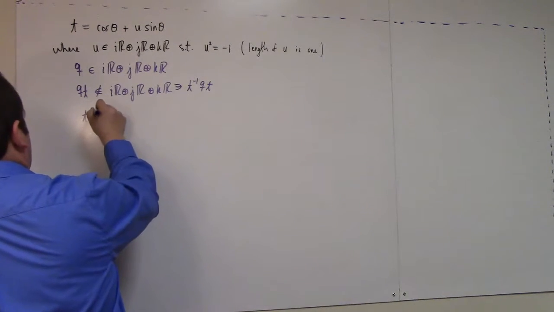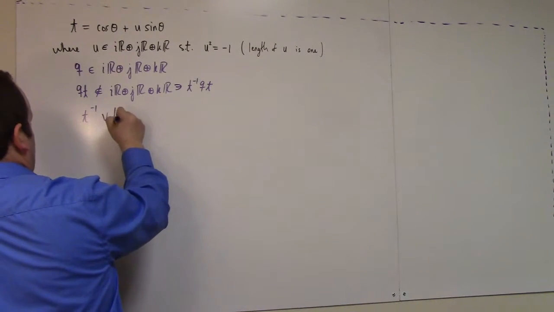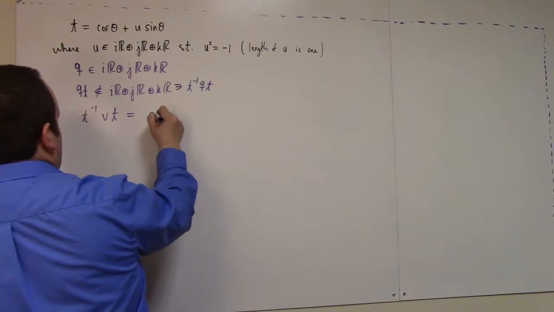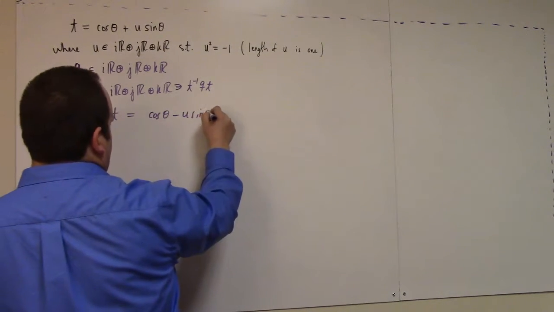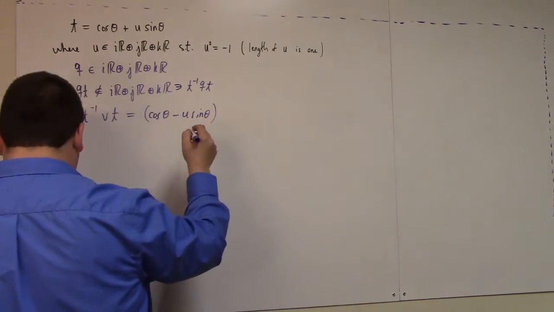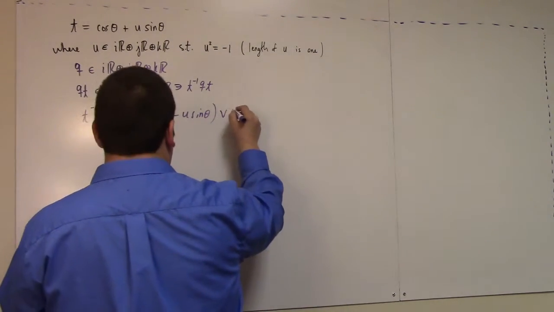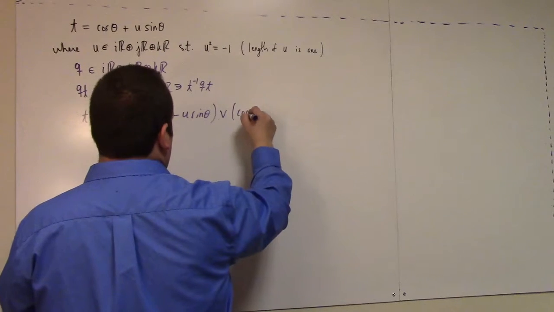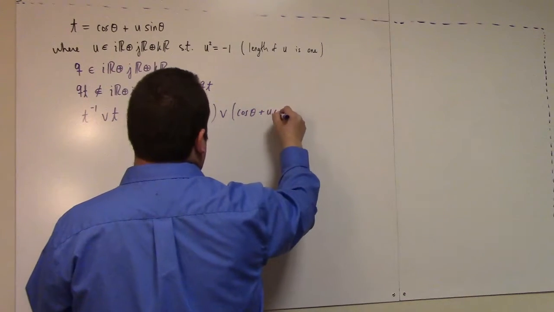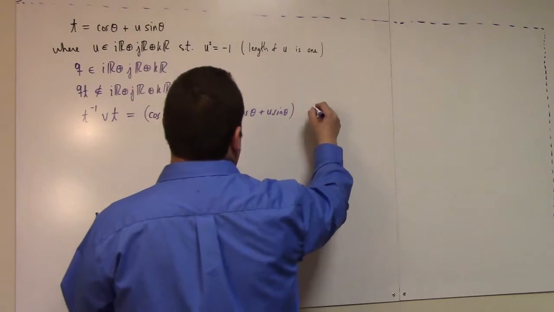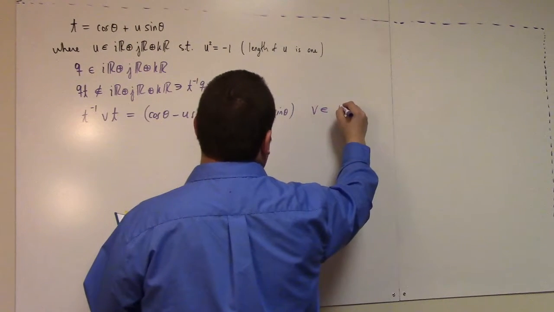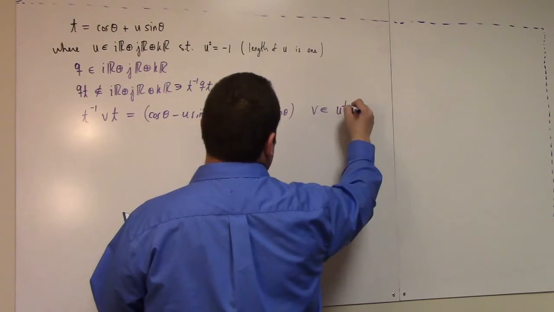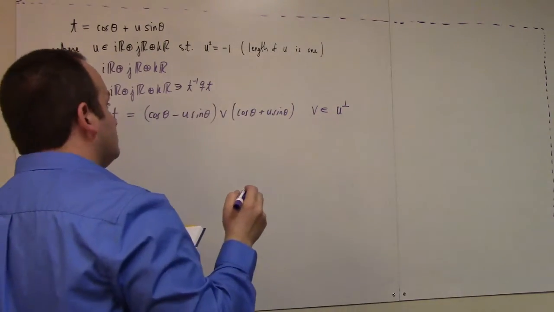T inverse VT, which was cosine theta minus u sine theta times V. What was V? It's a vector orthogonal to U. So V is an element of the perp of U, if you will. Right, it's a unit vector.